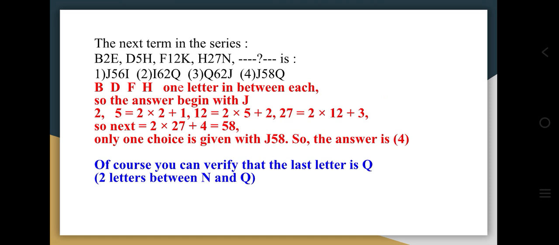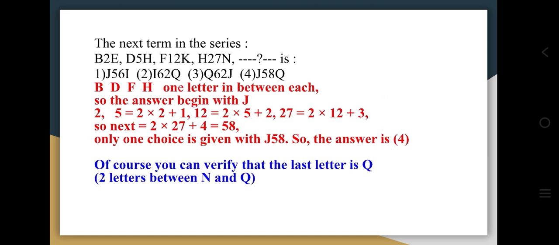So what is the relation between 2, 5, 12, 27? 5 is 2 into 2 plus 1. 12 comes after 5, so it is 2 into 5 plus 2.